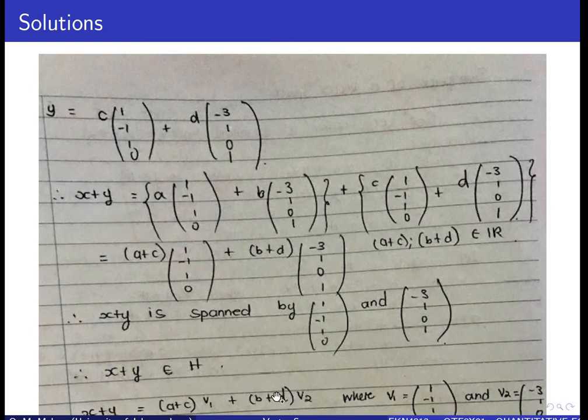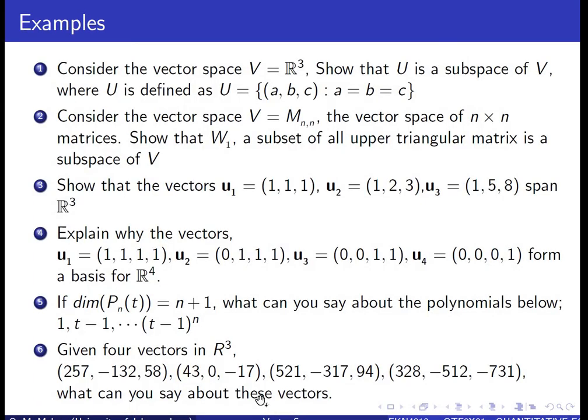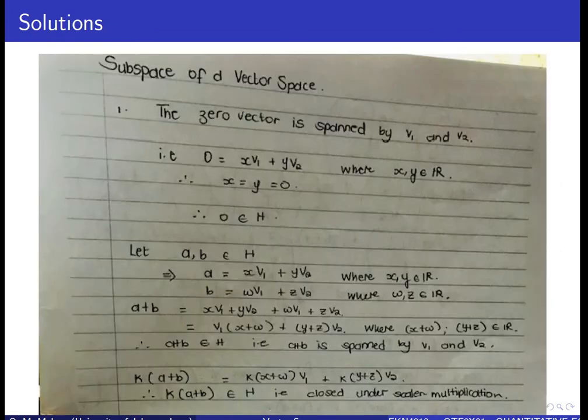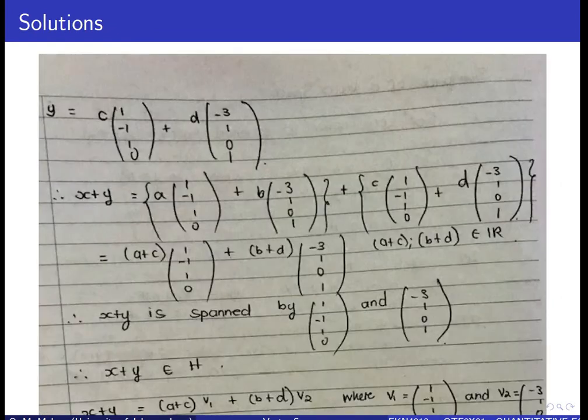With regards to closure under scalar multiplication, my solution got cut here and does not continue. But I can just tell you what we can do, even if I have not written the solution. In this case, in order to show closure under scalar multiplication, I need to multiply y by k, where k is a scalar.